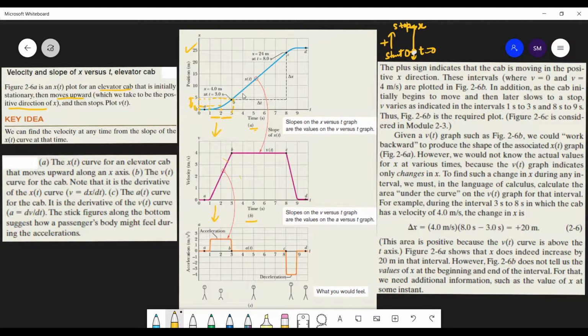Now, in every 1 second, the displacement is almost the same: equal displacement in equal intervals of time. It means here the velocity is constant, and the slope is constant.